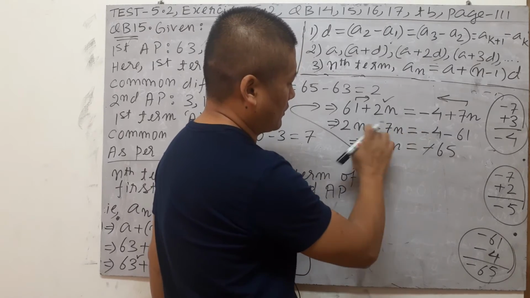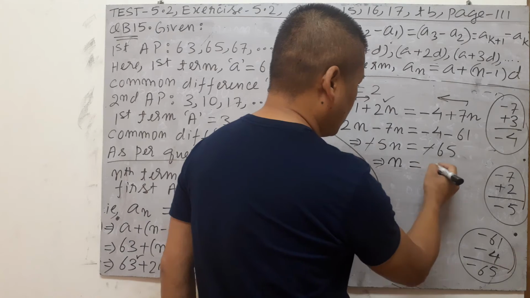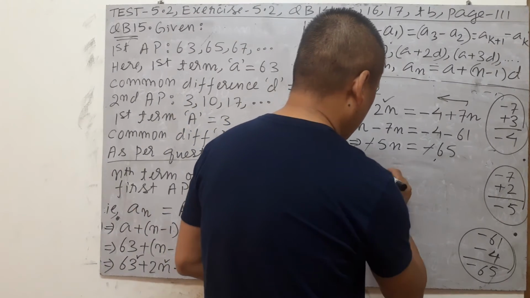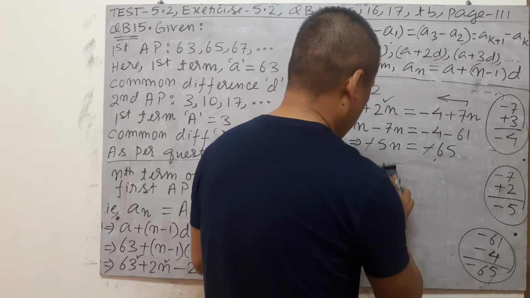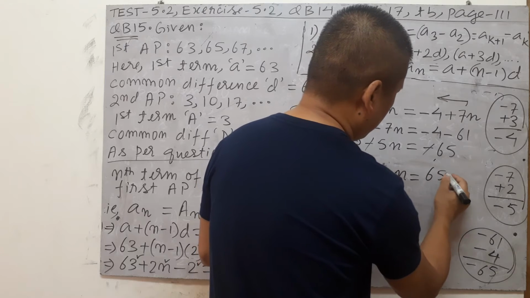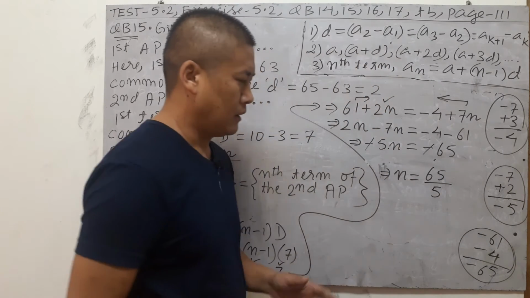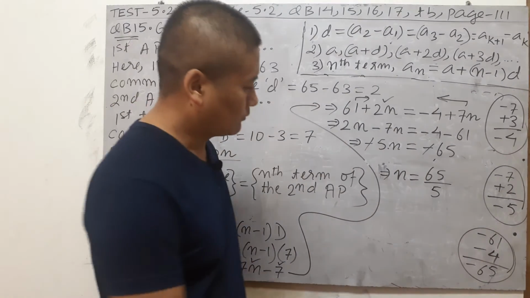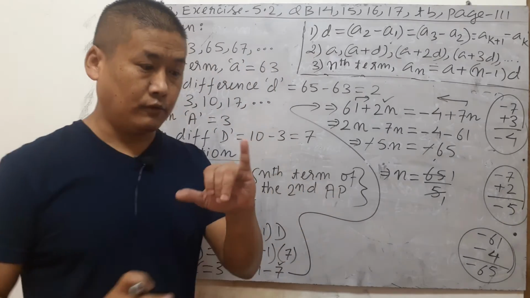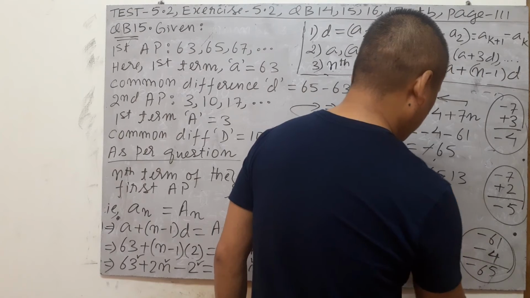Then n equals 65 divided by 5, as 5 comes to the denominator when we shift it to the right side. 5 sixes are 30, so 5 ones are 5, 5 ones are 5, 6, 1 remainder, that 1 will go to the left of 5, become 15, 5 threes are 15.